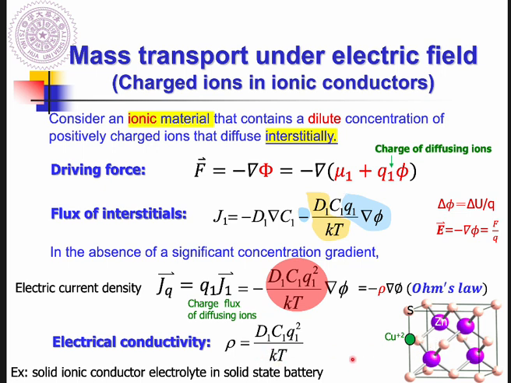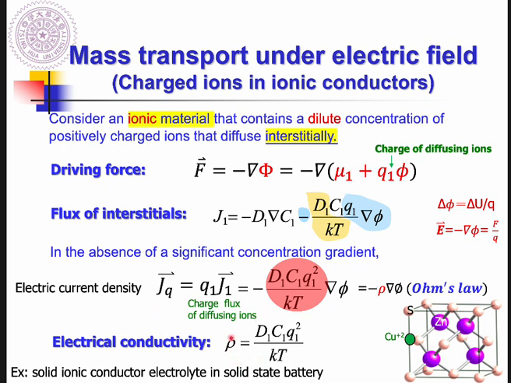If you zoom out, what we have learned in this slide is that we successfully interpreted the conductivity of these doped ions. We formulated the driving force, got the flux of these interstitials, and multiplied by the charge they carry, so I can estimate the electrical current density.